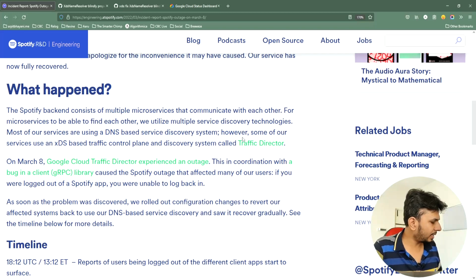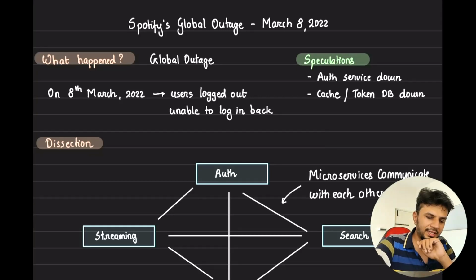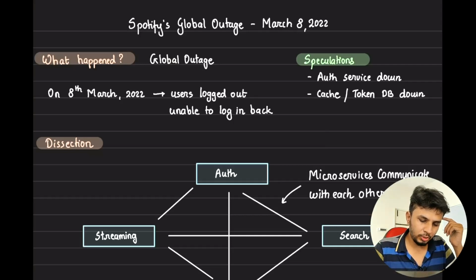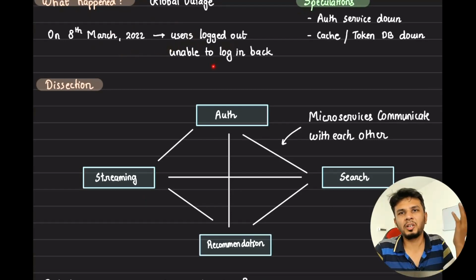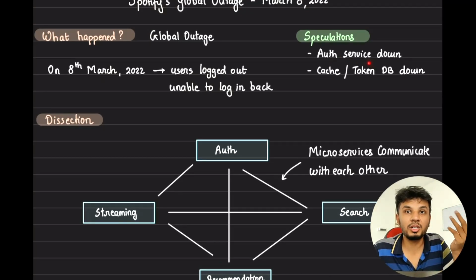Now let's spend some time understanding what these things are. Right. So I've just created a few basic notes helping us to understand what basically could have happened. Okay. So what happened with Spotify? Global outage on 8th of March, users logged out, they were not able to log back in. The initial speculation was the auth service was down, which even I posted, even I thought that maybe the auth service is down, because what else if we are not able to log in, right?